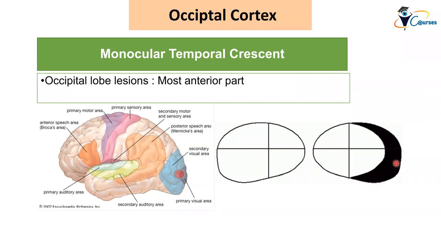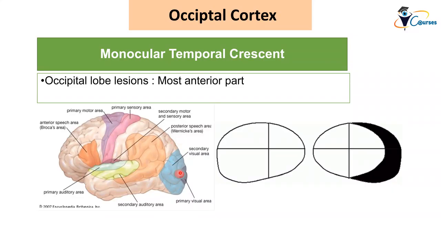The temporal 30 degrees of the binocular visual field is actually perceived by the nasal-most retina of the ipsilateral eye only. So this is the right temporal field. This is represented by the nasal retina of the right eye, okay? The far periphery of the nasal retina. And this nasal-most retina is represented in the most anterior part of the occipital cortex, like here.